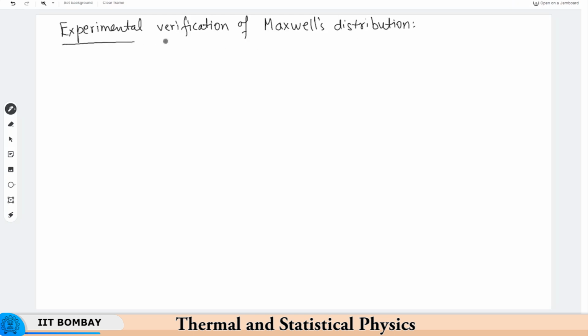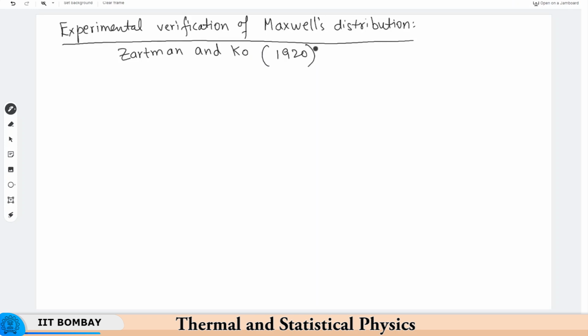These were experiments that were performed by two gentlemen, Zartman and co., in the year 1920, and they basically wanted to test or experimentally verify the Maxwell-Boltzmann distribution. And they did a very clever experiment.